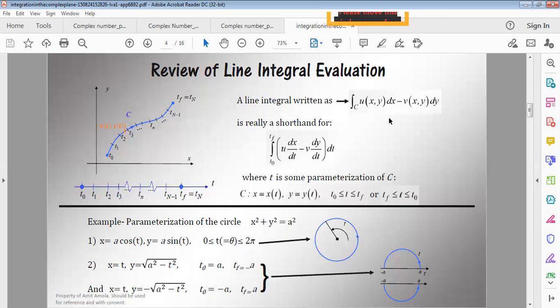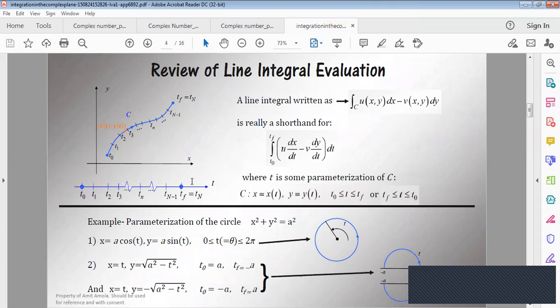Here t is the parameterization of C. So from starting t0 to final tf, that means t0, t1, t2, t3, actually n divisions, along this curve. So a small area of this, a small area of this, a small area of this, the sum of all will give the total area enclosed by the curve.